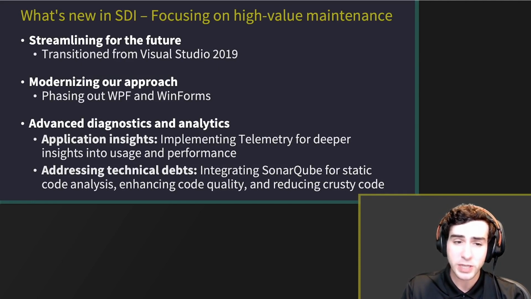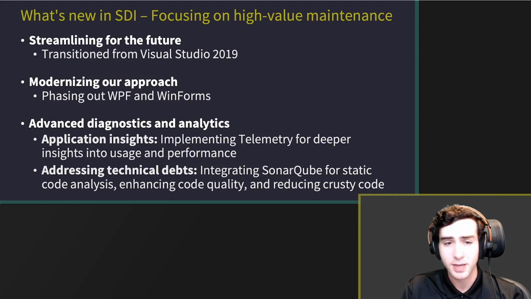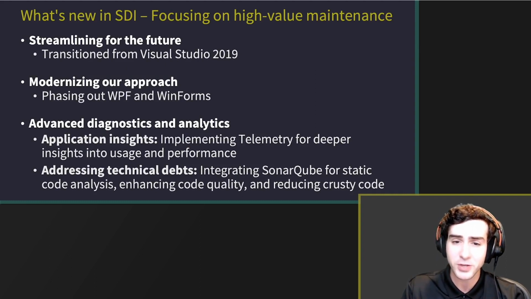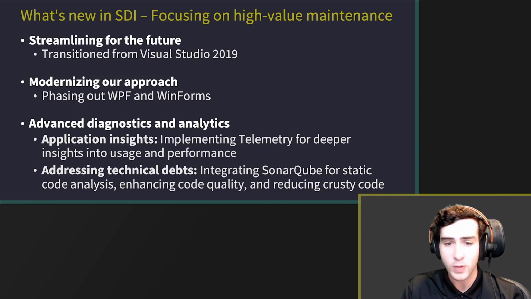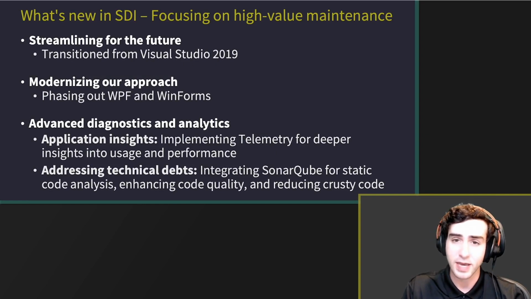Visual Studio 2022 also brings advanced capabilities that allow us to develop innovative features and solutions, catering to evolving developer needs. With Visual Studio 2022's significant architectural improvements over Visual Studio 2019, we ensure better stability and reliability for SDI, reducing any sort of compatibility issues.